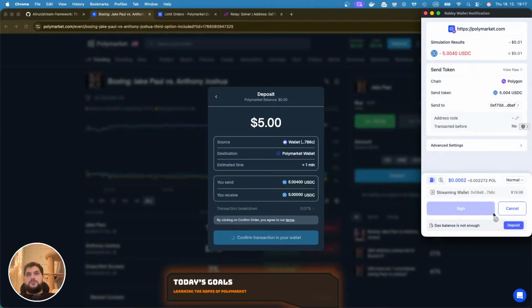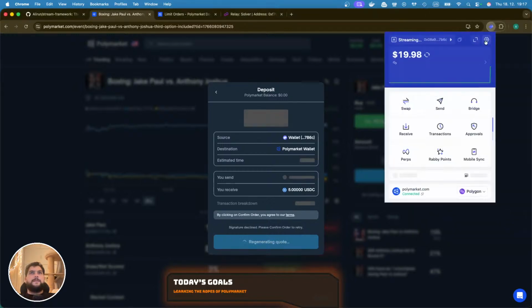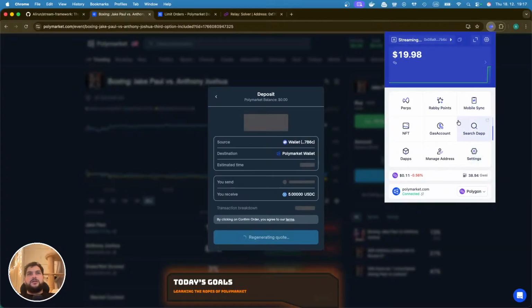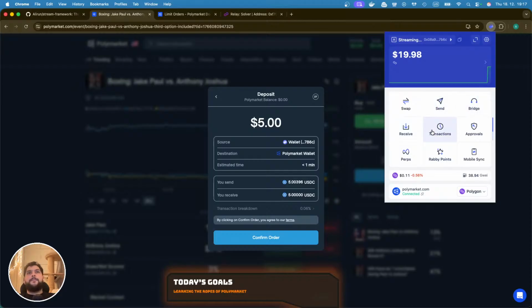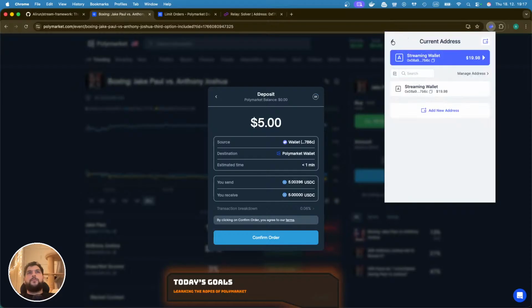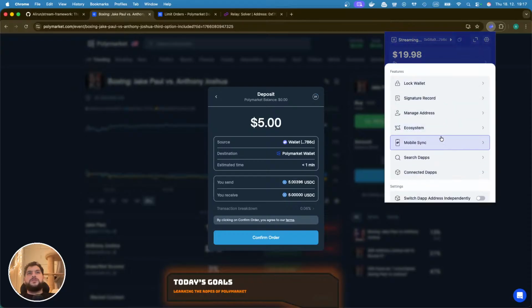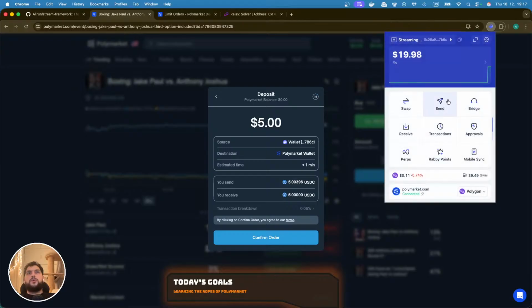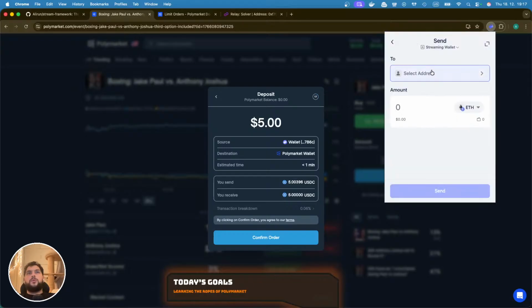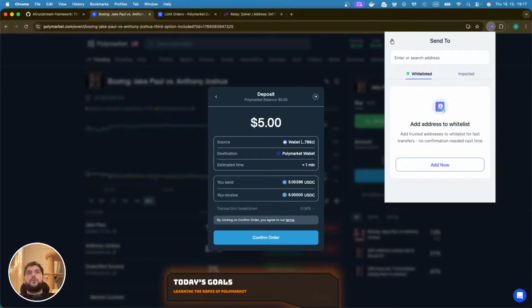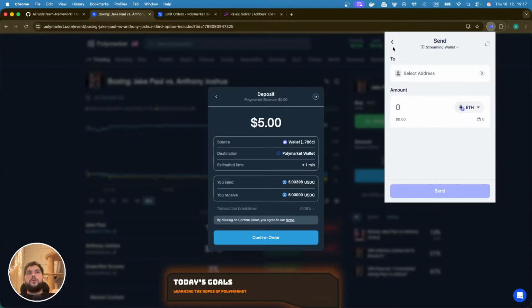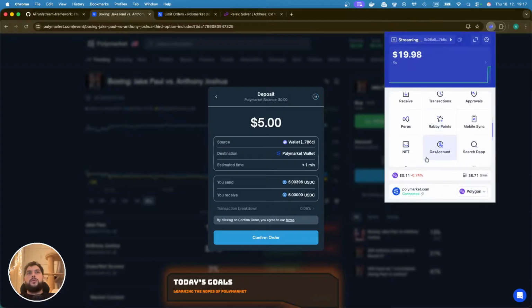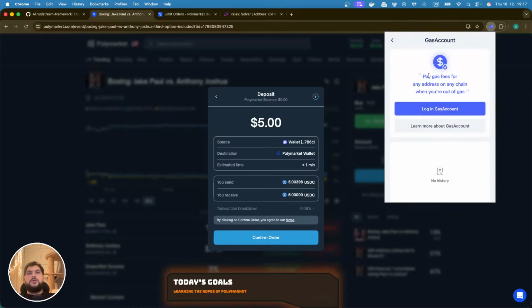Okay, first top up our gas account or something like this. I haven't tried it yet, but we can. How does it work? Oh, gas account here.